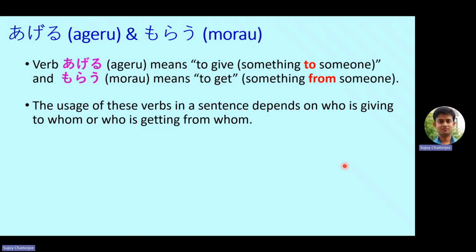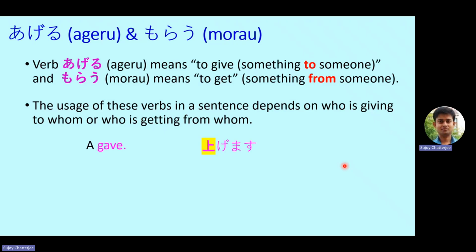For example, if A is giving, then ageru applies to A. Similarly, if A is receiving something in a sentence where A is the subject, then the verb morau will be used for A, not for anyone else who is giving. So it will always be about the subject.